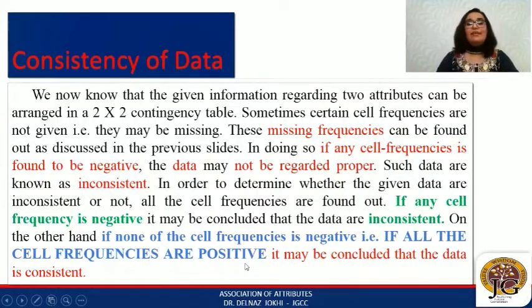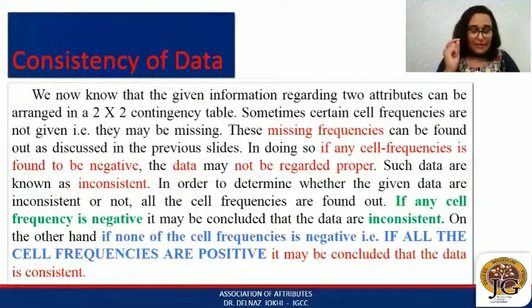If none of the cell frequencies is negative, माने अगर एक भी फ्रीक्वेंसी माइनस में नहीं आई, उसका दूसरा मतलब क्या हुआ? If all the cell frequencies, see I have written in capital for you over here, right? If all the cell frequencies are positive, सब कुछ प्लस में आ रहा है, then we conclude that data is consistent.